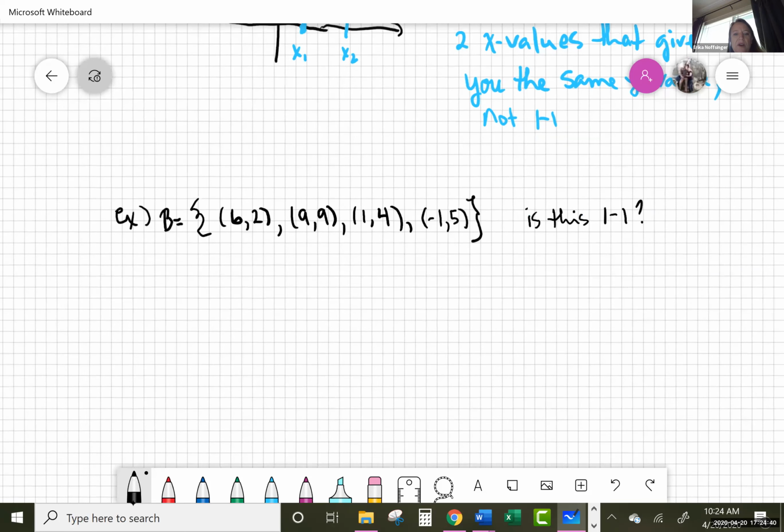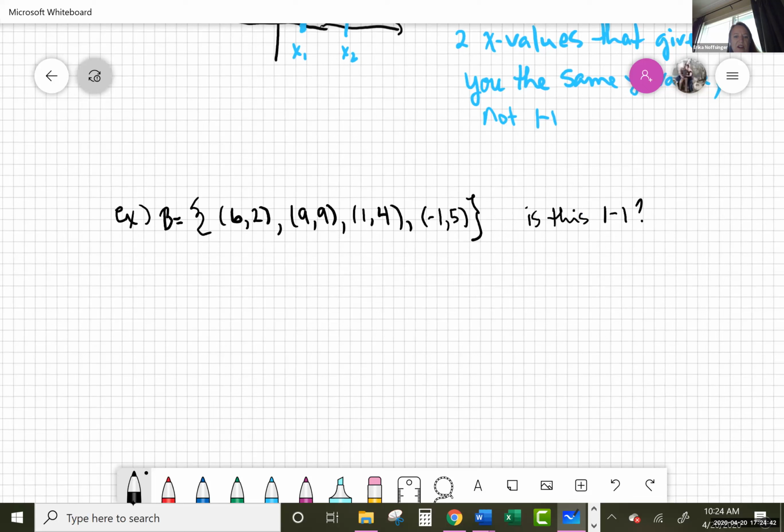Okay, so when we were looking way back in a different course to see if something was a function or not, and it gave us a set of points, a lot of times it's easier if you make a little mapping. So I have an x value here, which is 6, an x value 9, an x value 1, and an x value negative 1.